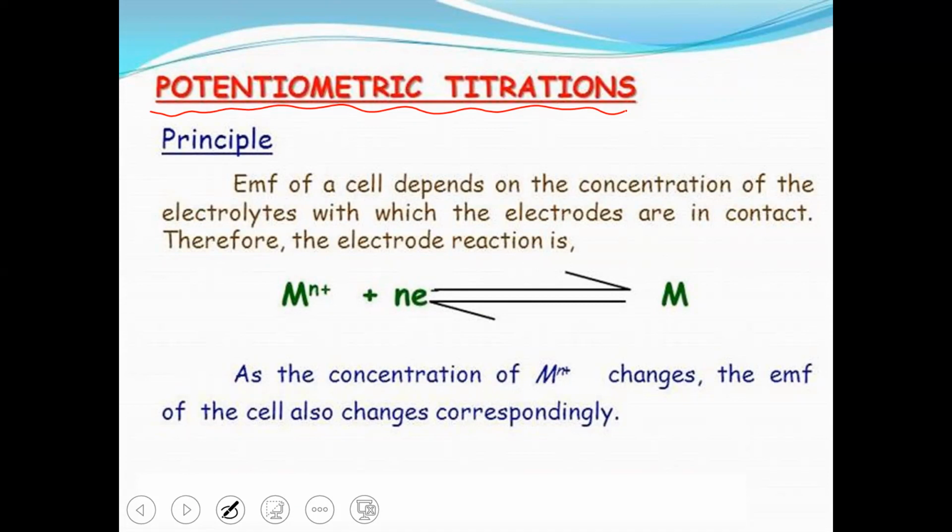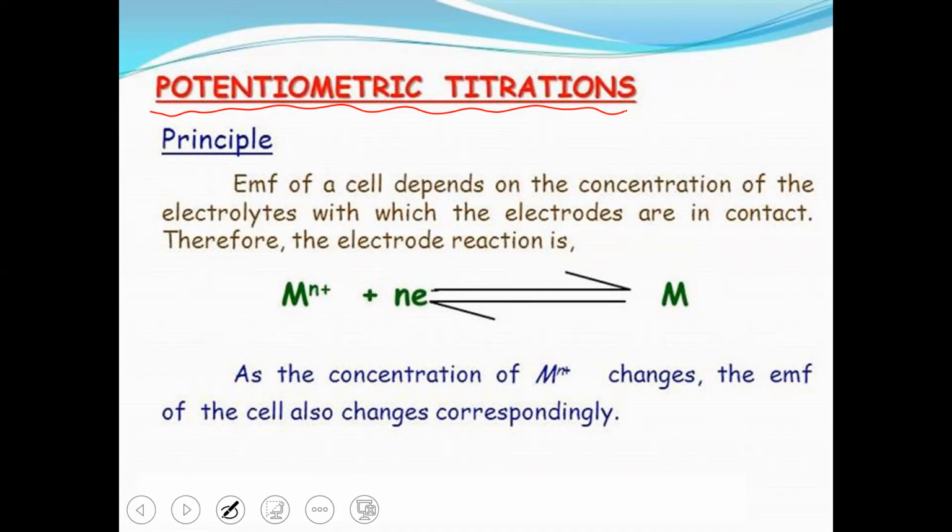So likewise here also, potentiometric titrations means we are taking the EMF values. Based on the EMF values, we can easily find out the equilibrium point and end point of the solutions.